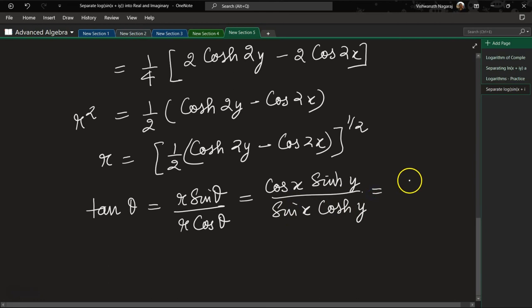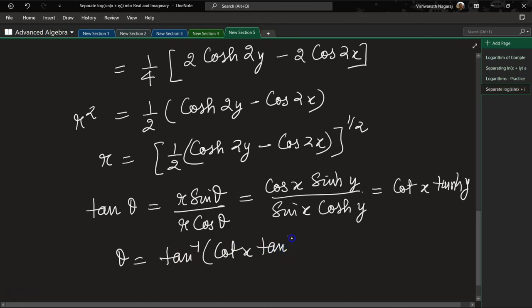So this becomes what? Cos by sin is cot x, and sinh by cosh is tanh y. So if tan theta is equal to this, that means theta is equal to tan inverse of cot x times tanh y. So we have got r, we have got theta.